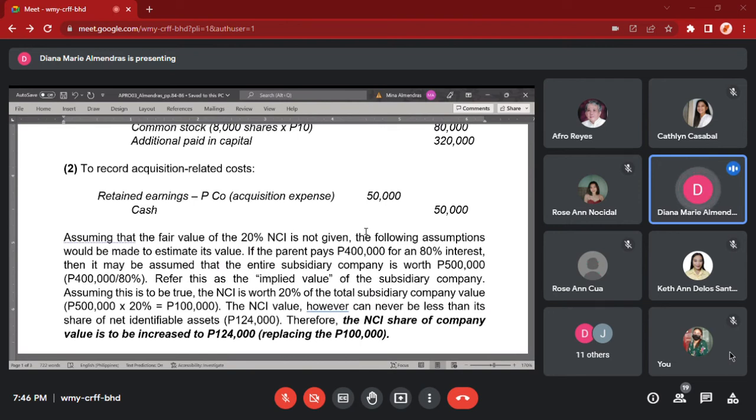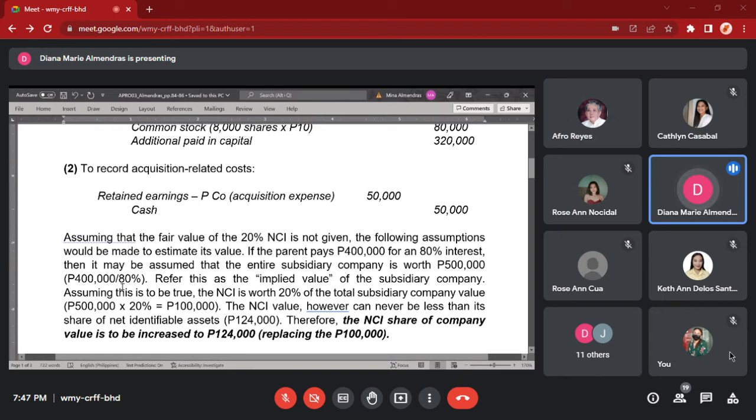Assuming that the fair value of the 20% NCI or non-controlling interest is not given, the following assumptions would be made to estimate its value. The parent pays 400,000 pesos for an 80%, then it may be assumed that the entire subsidiary company is worth 500,000 pesos. Kapag daw hindi given ang amount ng fair value ng NCI, i-divide ang price paid sa interest na i-acquired.